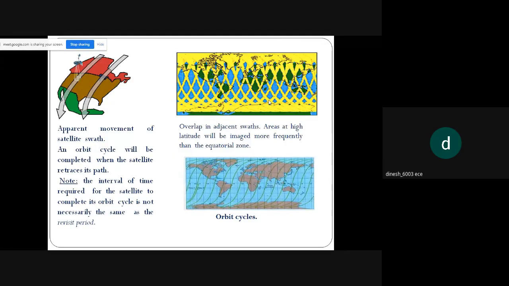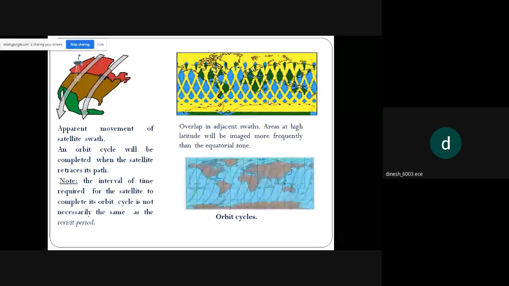So during this orbiting, there could be an overlapping of the adjacent swaths. So the areas at higher altitude will be imaged more frequently than the equatorial zones. As you can see in the diagrams, the right hand side, both the diagrams. So the yellowish structure is your swath paths.